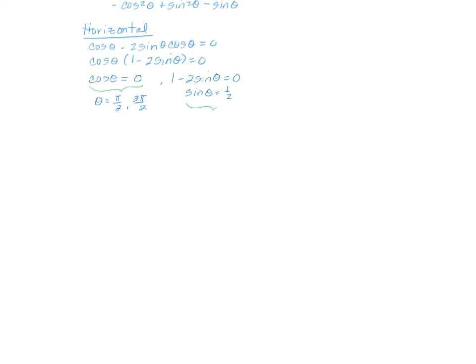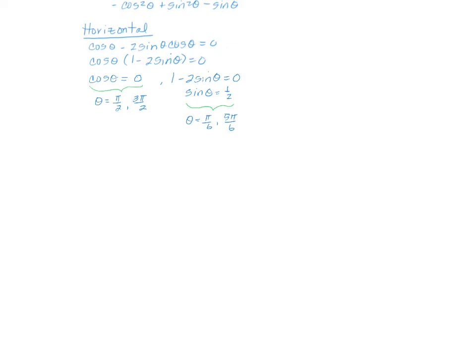And then solving this equation for theta, I have theta is equal to pi over 6 and 5 pi over 6. And those are the only two theta values between 0 and 2 pi that will work.